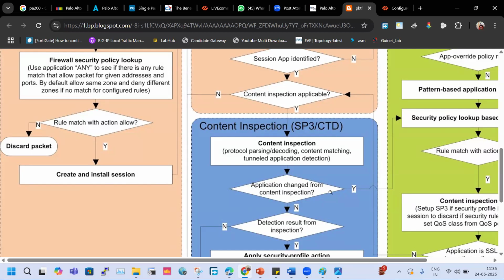If the application has shifted, then it will again go to application identification and fetch the application details. If the application is not shifted, then it will go further and try to detect the result from the inspection. Is this clear, guys?